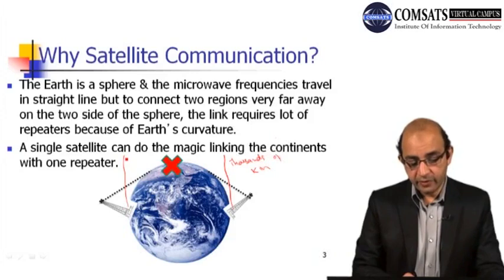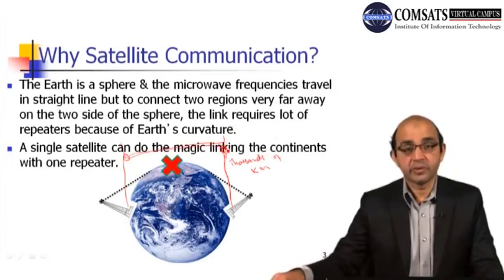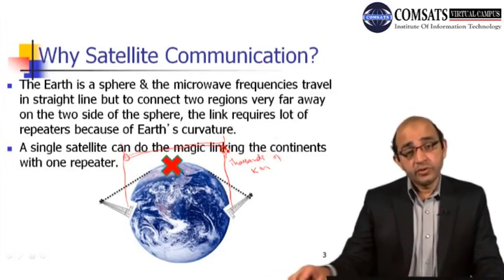Then I have to mount an antenna over here, and on this side I have to mount another antenna, and then I will be able to have communication. But you can imagine the cost.